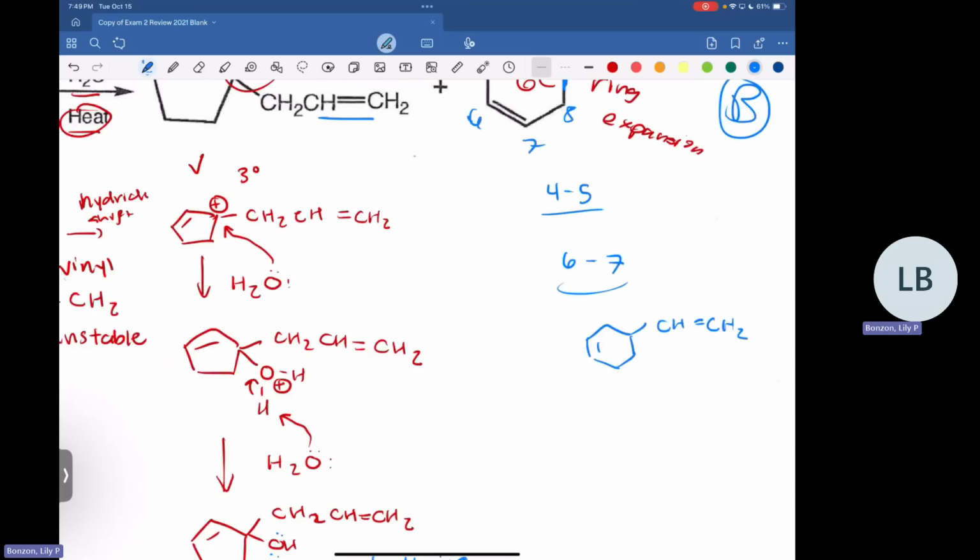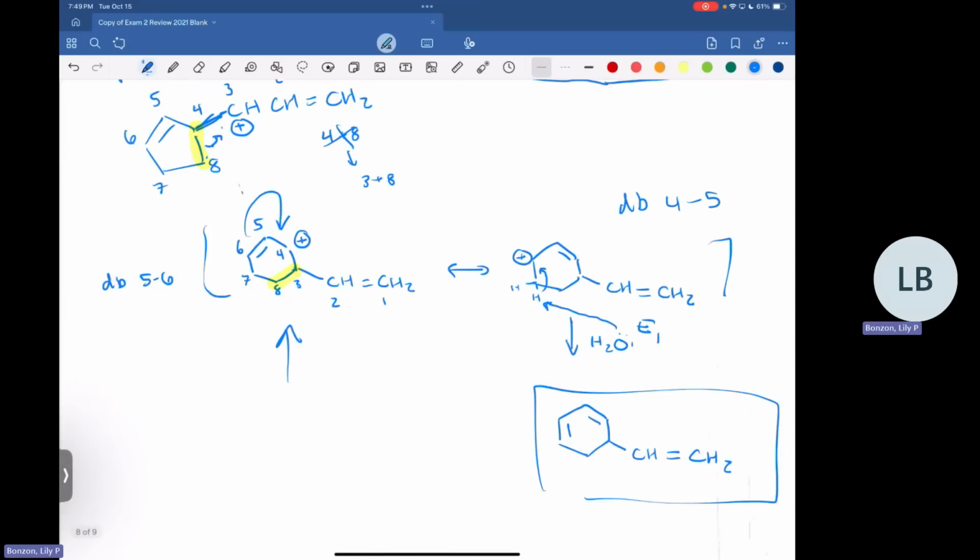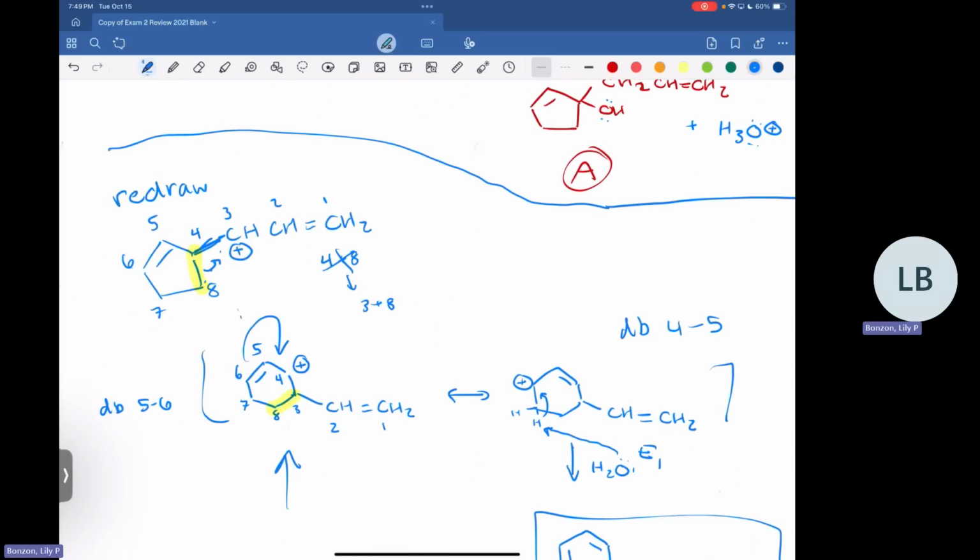But I see that instead we have double bonds at different positions. So I'm going to resonate the double bond that we have currently towards the positive charge to get that double bond in a different position, and then do my elimination reaction to form the second double bond.